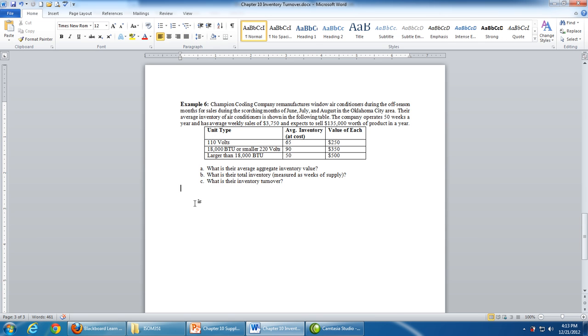Okay, part A asks for aggregate inventory, average aggregate inventory. So we're going to take first 65 units times 250. That's for the first product.